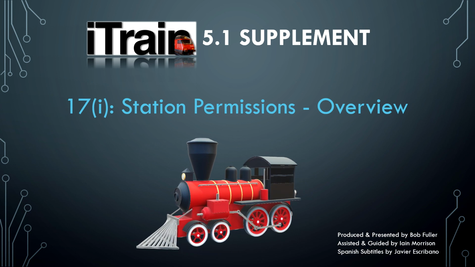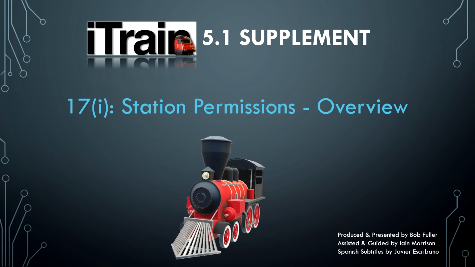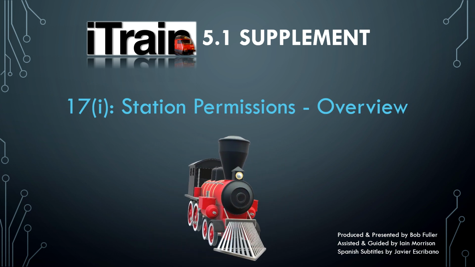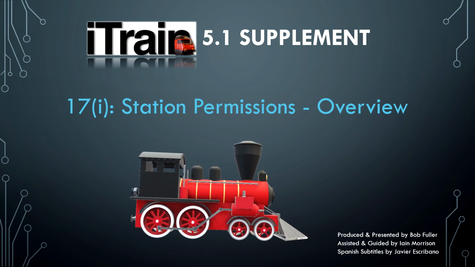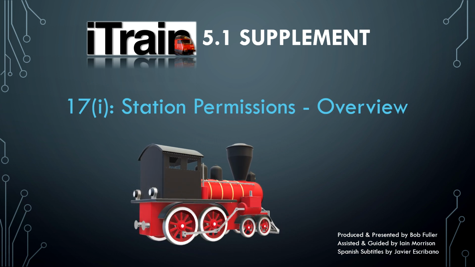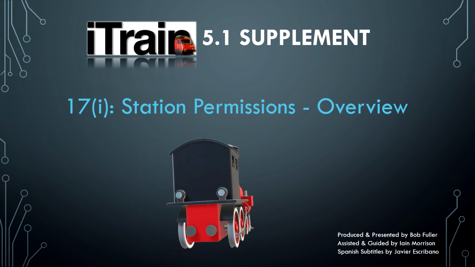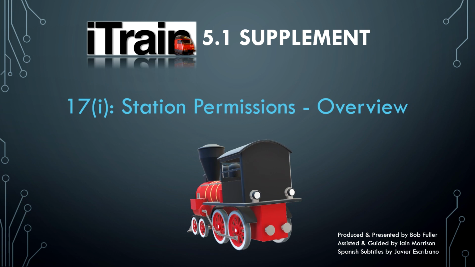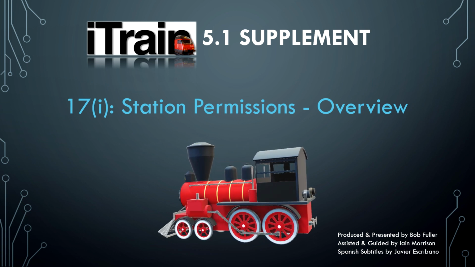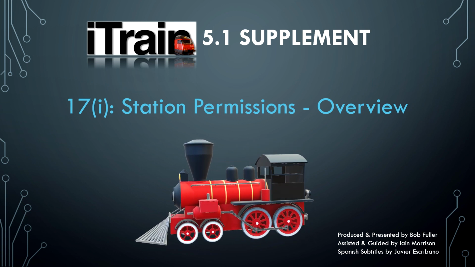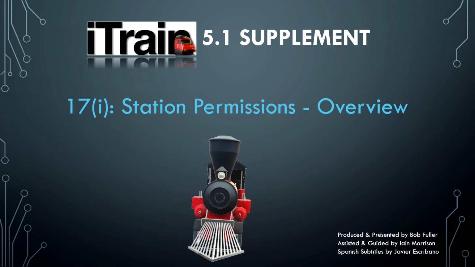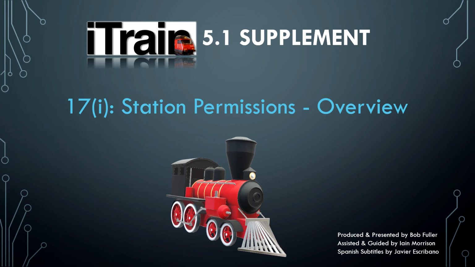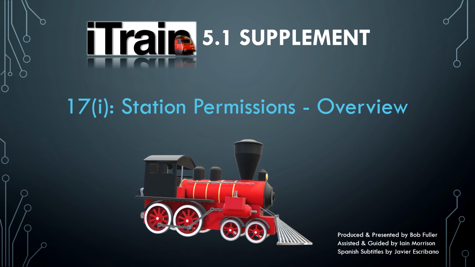In the following episodes, we look at a new way in which we can determine how a train treats the next stations along its route, providing greater variety and added interest to iTrain's routing capabilities when running automatic routing without a route.